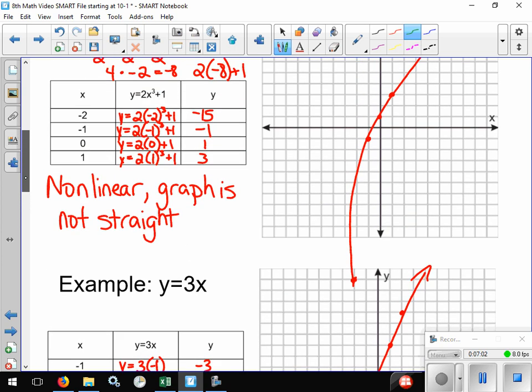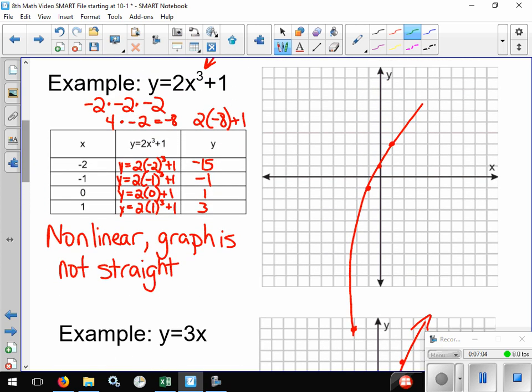So if I want to get to just looking at how it's written, you have y equals 2x to the third power plus 1, and then y equals 3x. I want you to notice there's something different and unique about the first example than the second one.